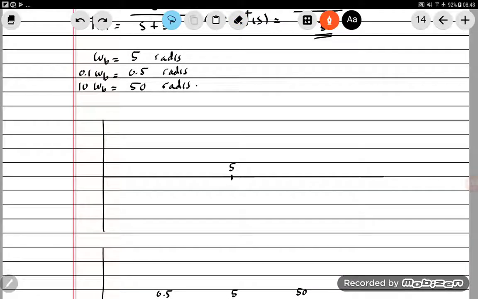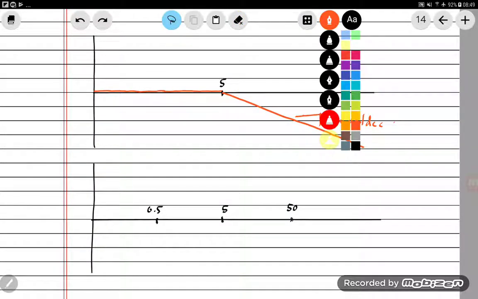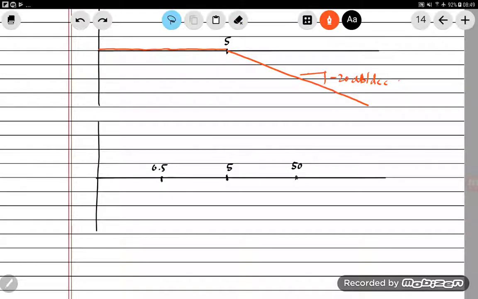Up to the break frequency, the magnitude is 0 dB, and then after the break frequency the magnitude falls by negative 20 dB per decade. For the phase, up to a tenth of the break frequency, the phase is 0 degrees.